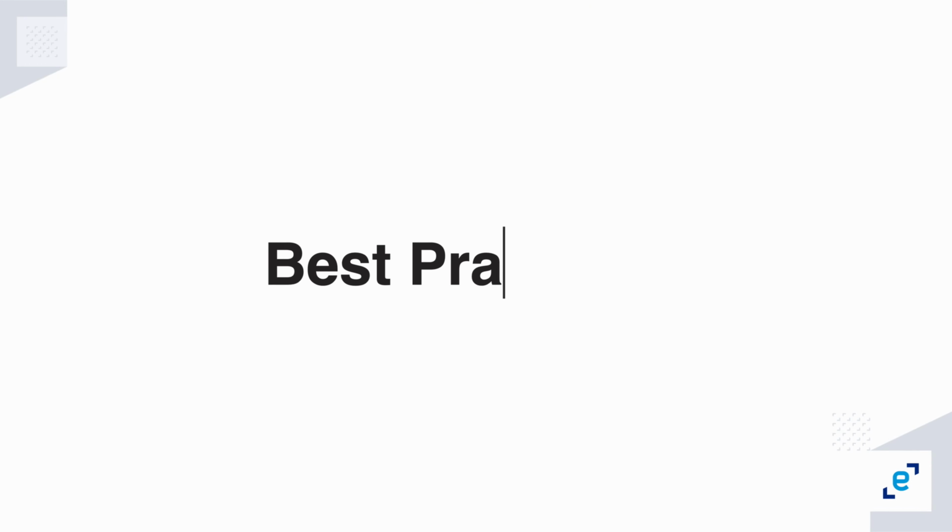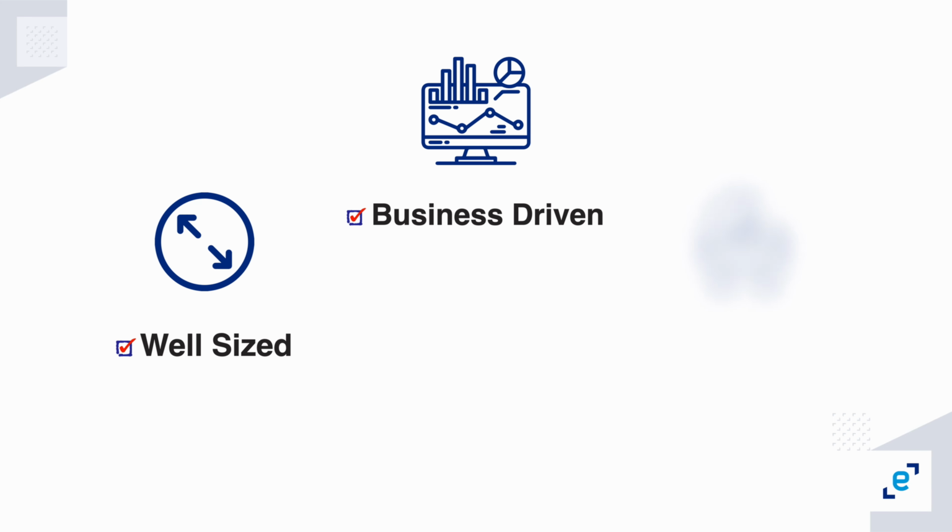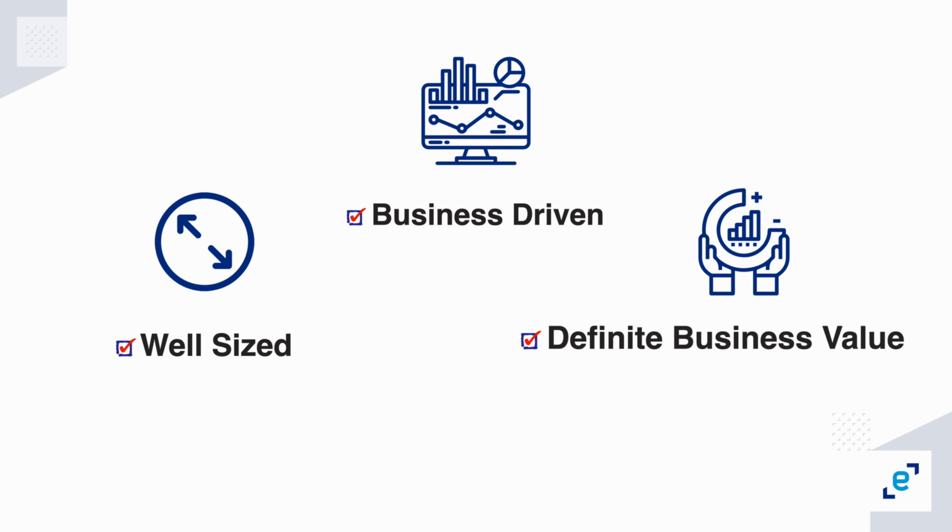The PBCs and/or components we build as a creator must be well-sized. It shouldn't be too small or too big. It should be business-driven with a definite business value. There are several scenarios in this case. For example, a PBC can have many components, which can make it large, or it can have fewer components, making the size smaller.